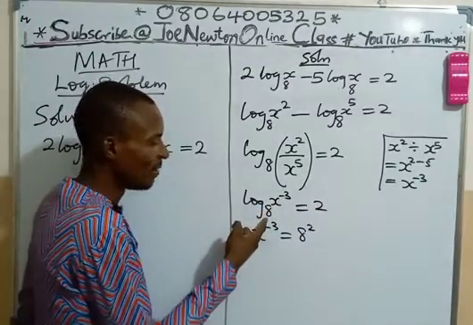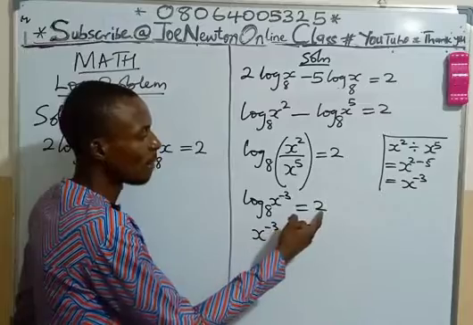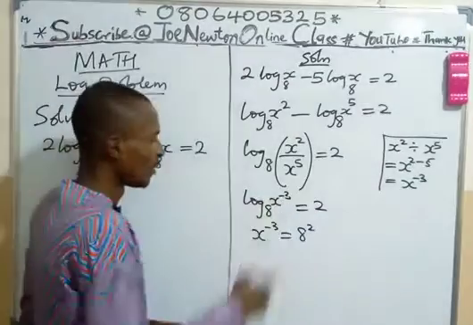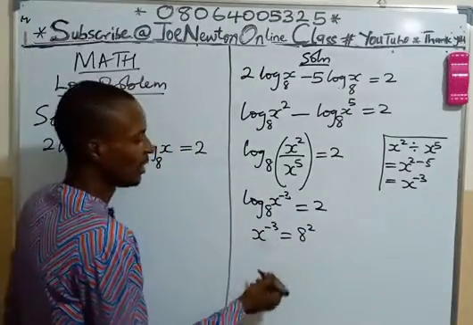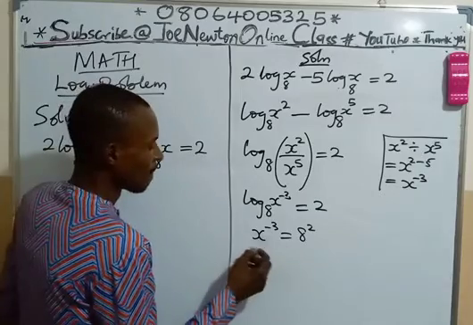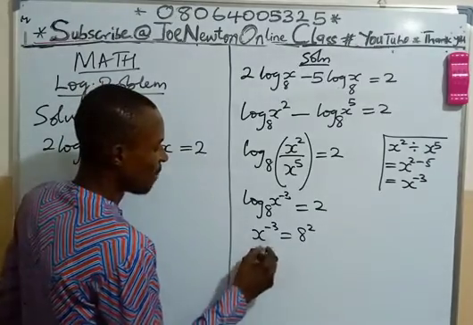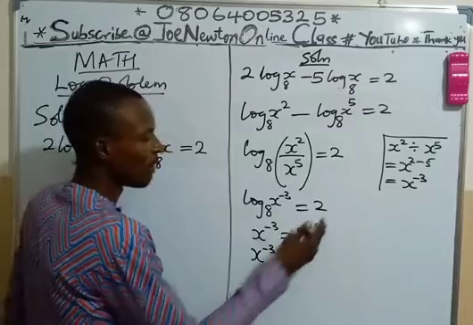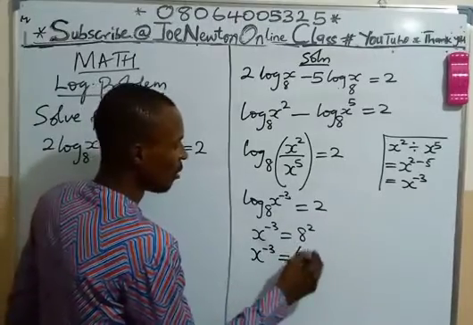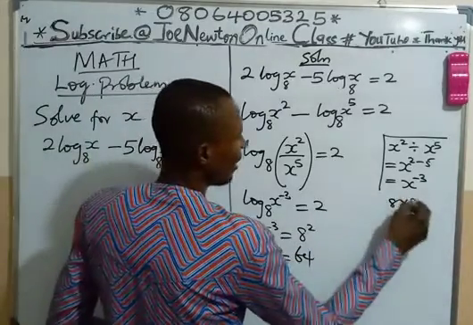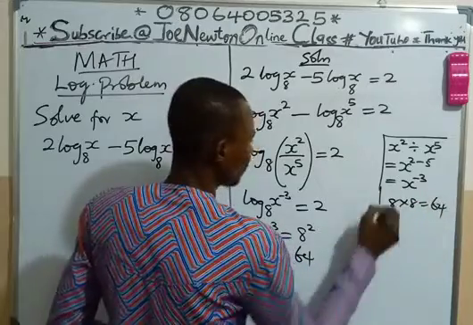So this base we raise to the power of this number to give us this logarithm. So in this case, we have that x power minus 3 is equal to 8 power 2, which is 64, because 8 times 8 is 64.